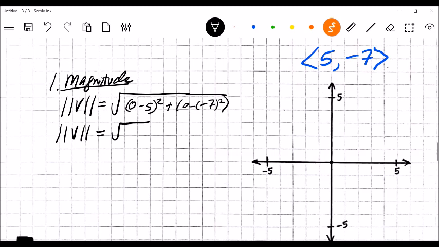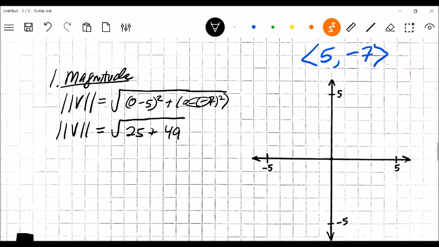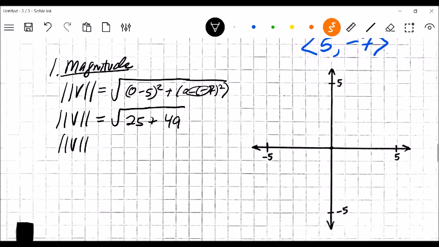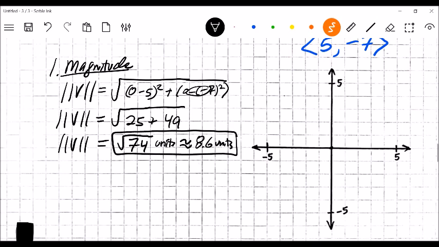So the magnitude, well, -5 squared is 25, plus -7 squared is 49. Okay. So the magnitude is equal to the square root of 74 units, which is approximately 8.6 units. Okay, and there's our magnitude.